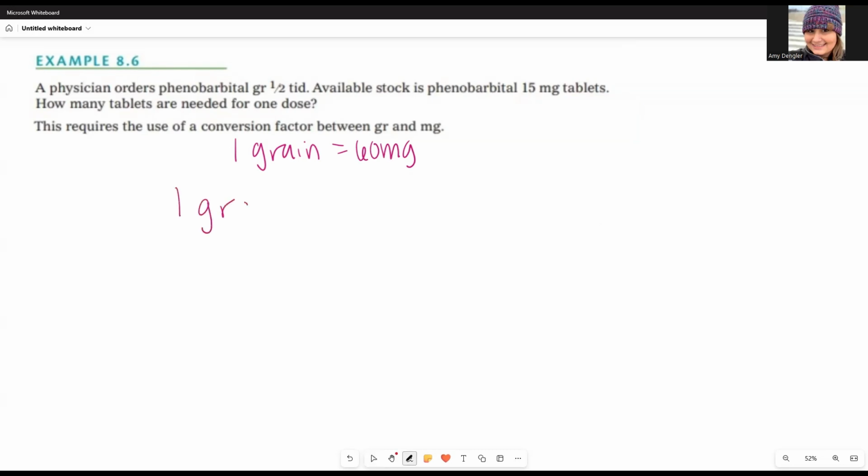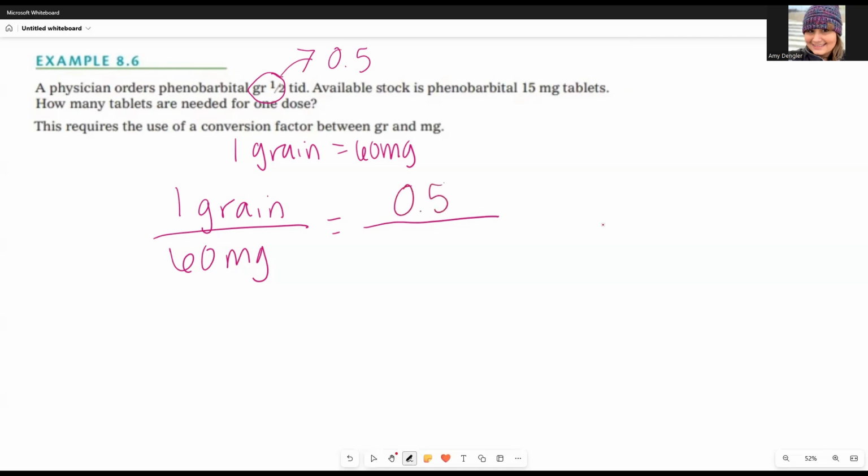So I'm going to use that and put that on one side of our proportion. And then on the other side of the proportion, I am going to take this 1/2 grain and put that up here. Just so it is easier for my brain to comprehend, I would convert that to a decimal. So hopefully you know that 1/2 is 0.5, but if you didn't, you could just do 1 divided by 2 and you would get 0.5 grains.